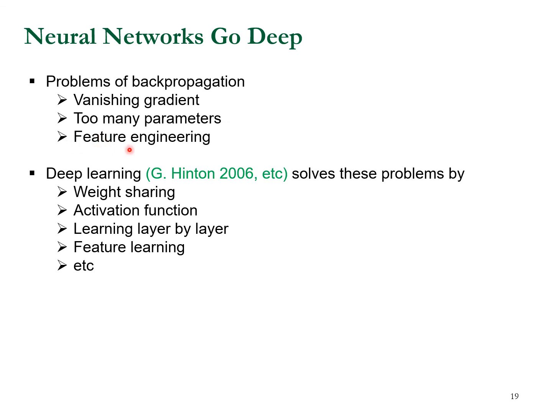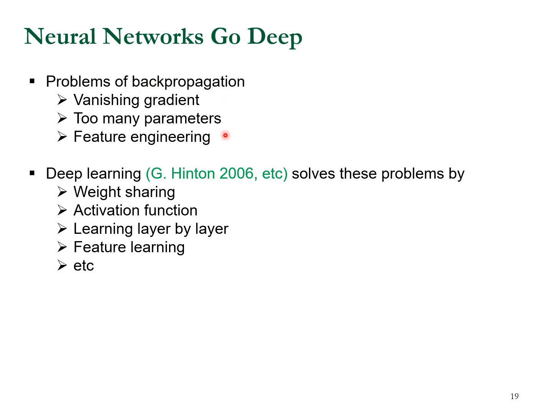Because of too many parameters and vanishing gradient, people have to retrieve some important features from the original data by hand, manually. That's not easy, so that's another problem. These are the problems of backpropagation.